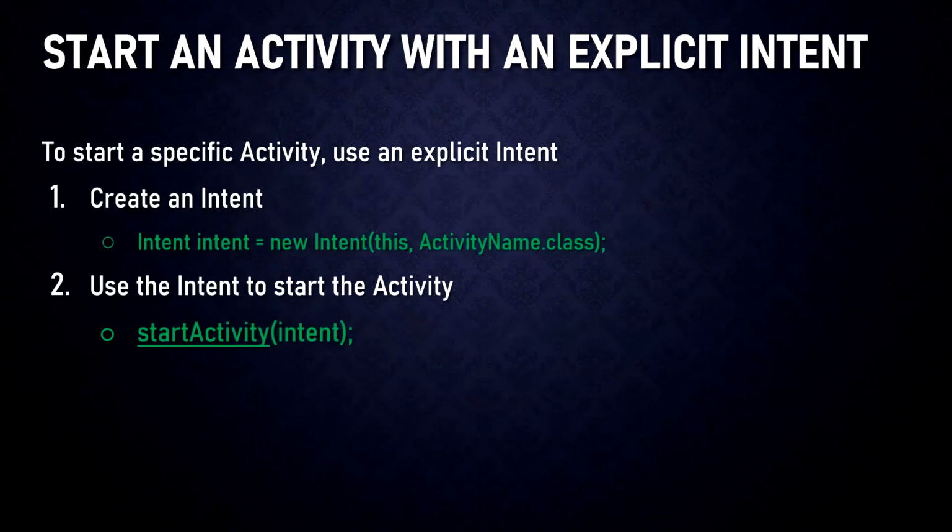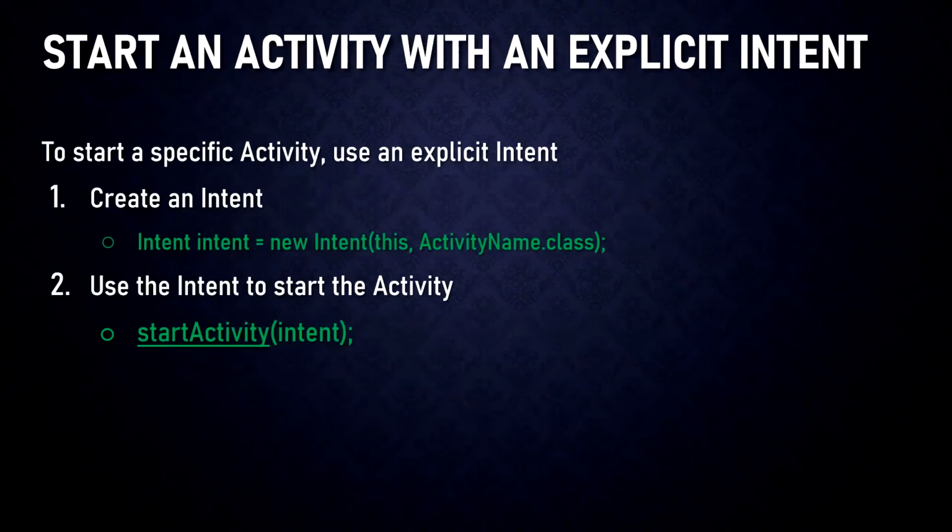So you know which activity you want to start. You name that activity class, create the intent, and then use the intent object you created with startActivity. This is how you specifically start another activity using an intent.